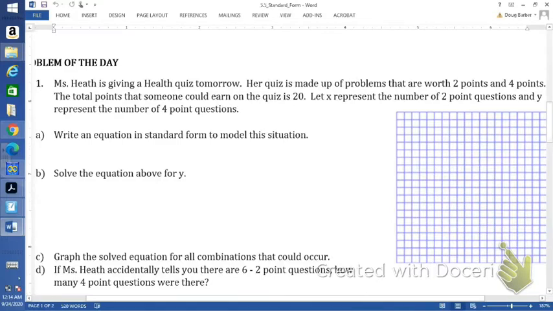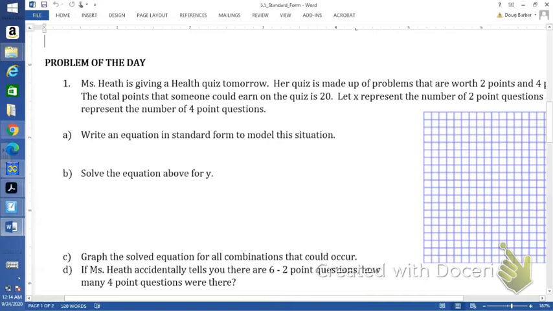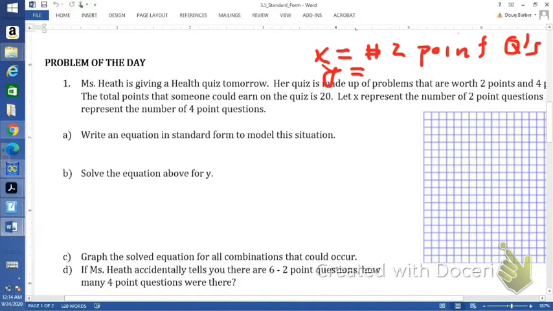Alright, so x is the number of 2-point questions, y is equal to the number of 4-point questions.